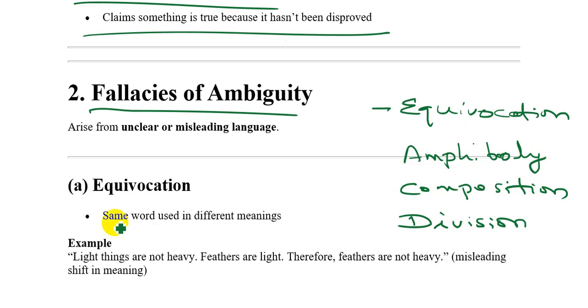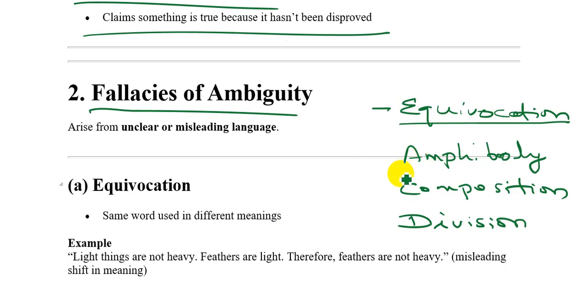The same word is used in different meanings. For example, light things are not heavy, feathers are light, therefore feathers are not heavy. It's a misleading shift in meaning. So fallacy of equivocation means more than 3 terms, or the same word used in different meanings.